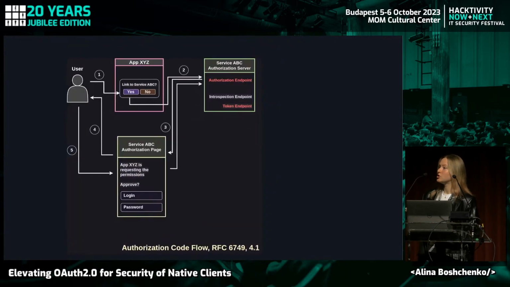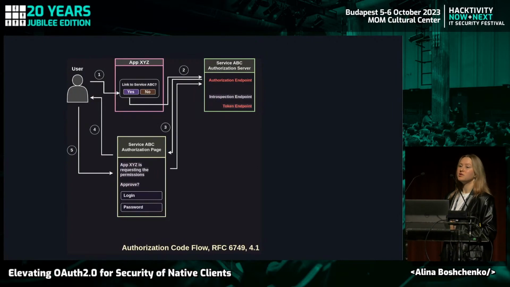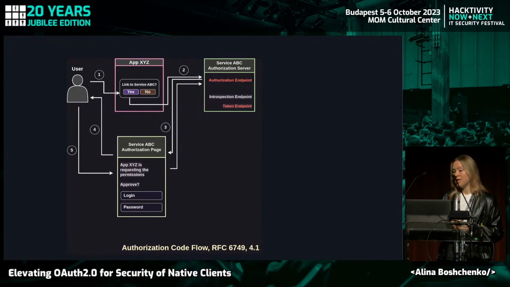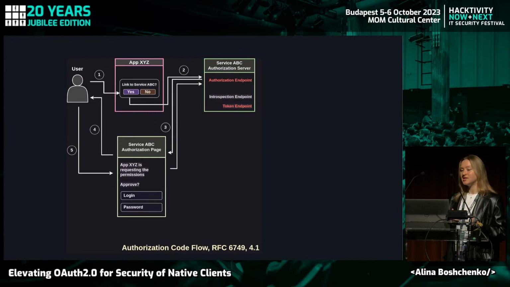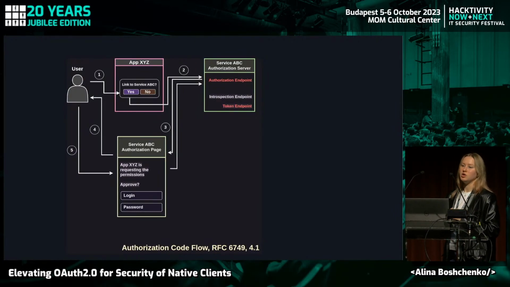And now let's switch to a particular flow, which is the authorization code flow. In this flow, the user wants to access the application, it initiates the authorization flow, and then the client application calls the authorization server in order to get the redirection form.